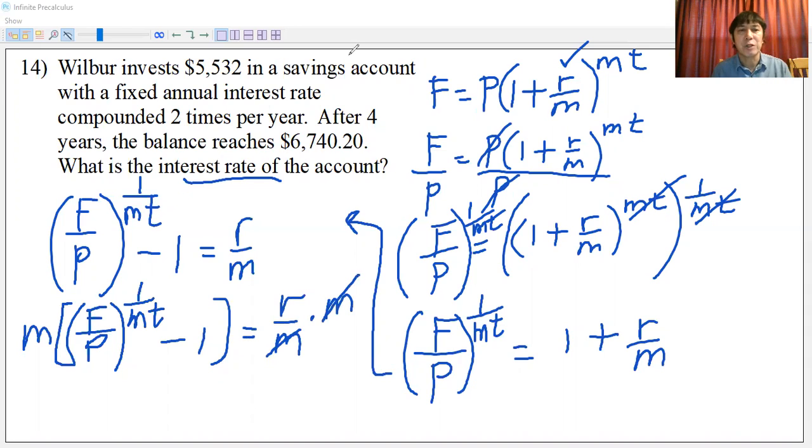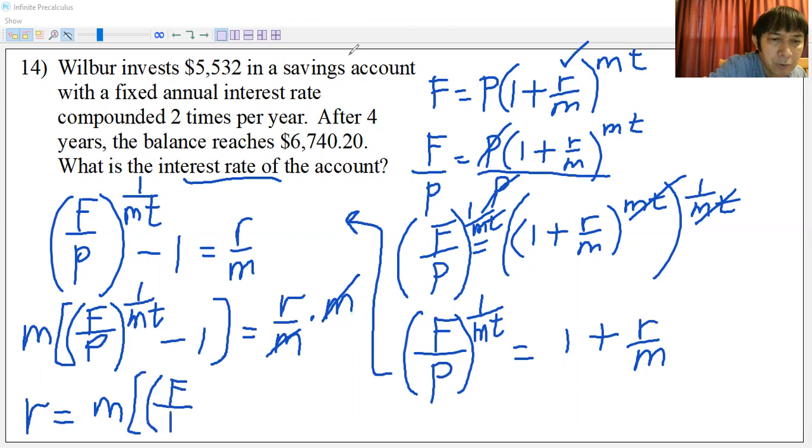And so the formula for R, I will now exchange places. I will put the R here, and this is equal to M times the quantity F over P raised to the power 1 over MT minus 1. That's the formula for rate of interest.